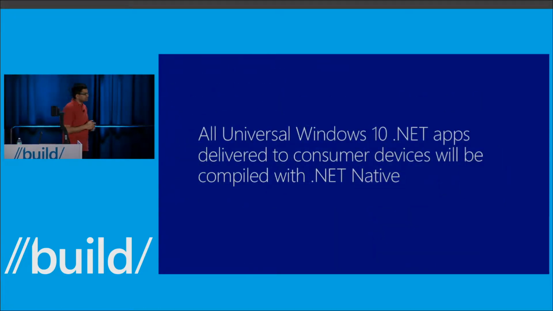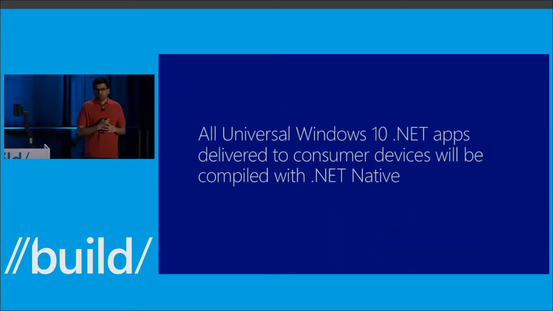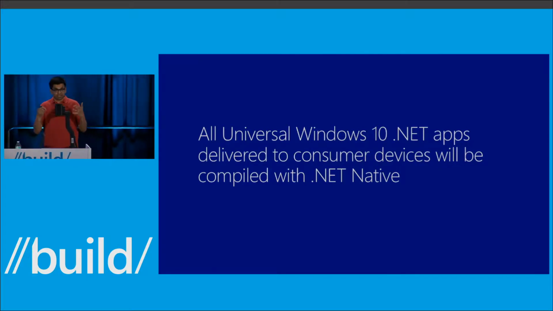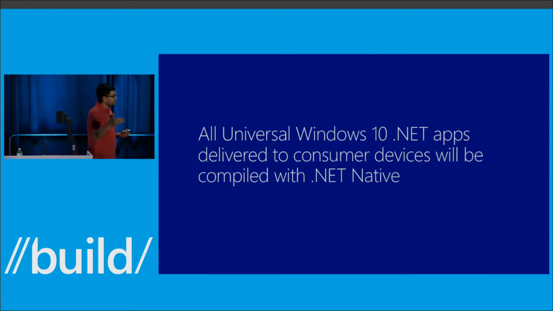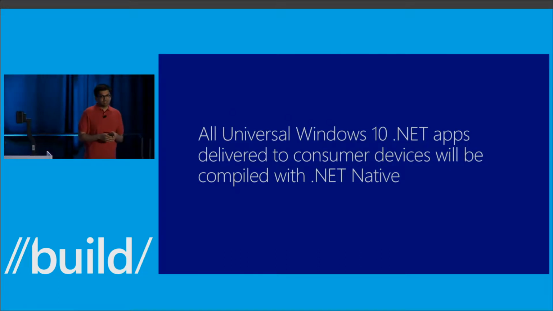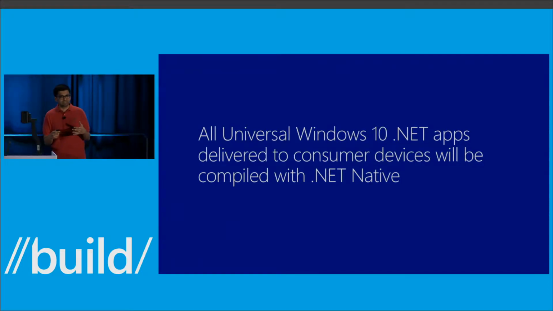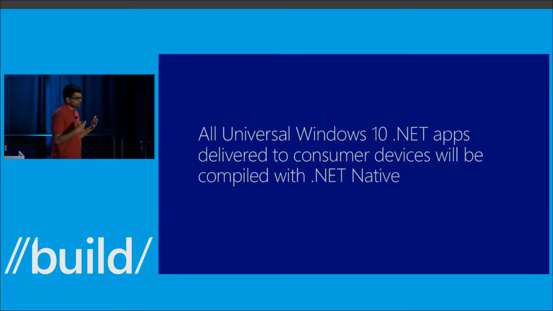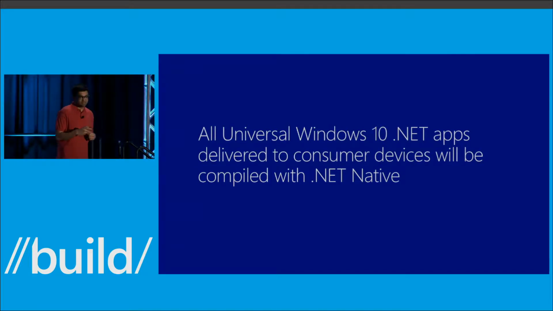Which leads us to this statement. All universal Windows 10 .NET apps that you will deliver to your client via the Windows Store, or even via an enterprise sideload scenario, will have to be compiled with .NET Native. So it becomes really commonplace for everyone, and it's important to understand how you should approach this and how you should think about .NET Native in that context.